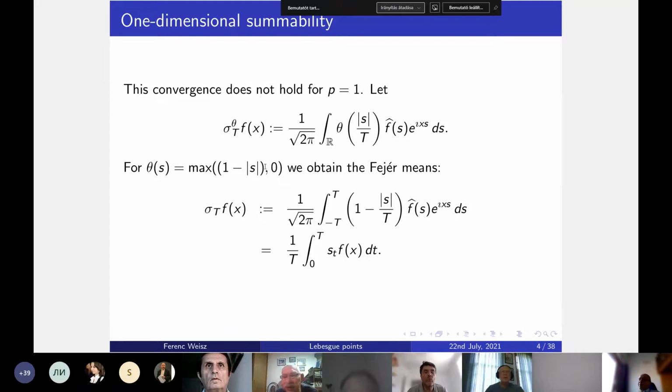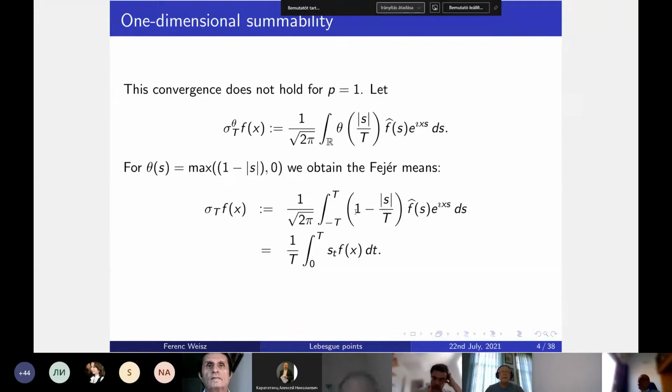The most known summability method is the Fejér method. Then theta is this triangle function: theta(s) is equal to the maximum of 1 minus the absolute value of s and 0. This means that here, instead of theta, I write the definition of this function, and then we have to integrate only from minus t to t.